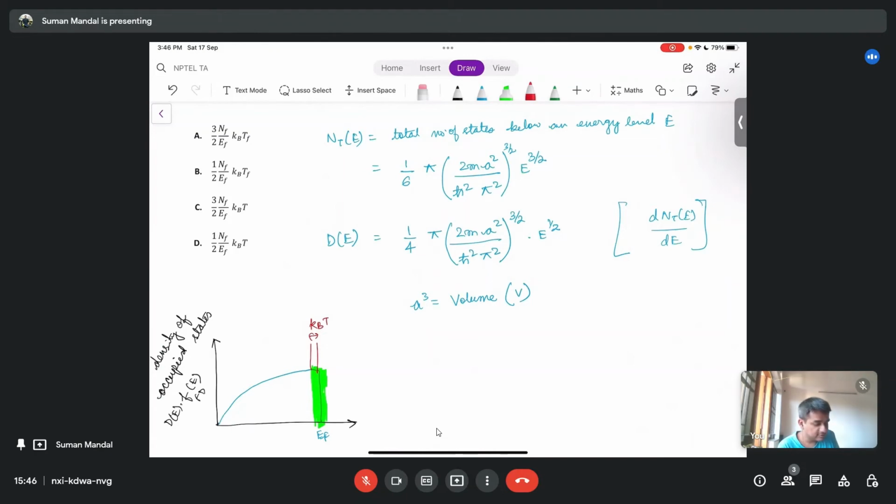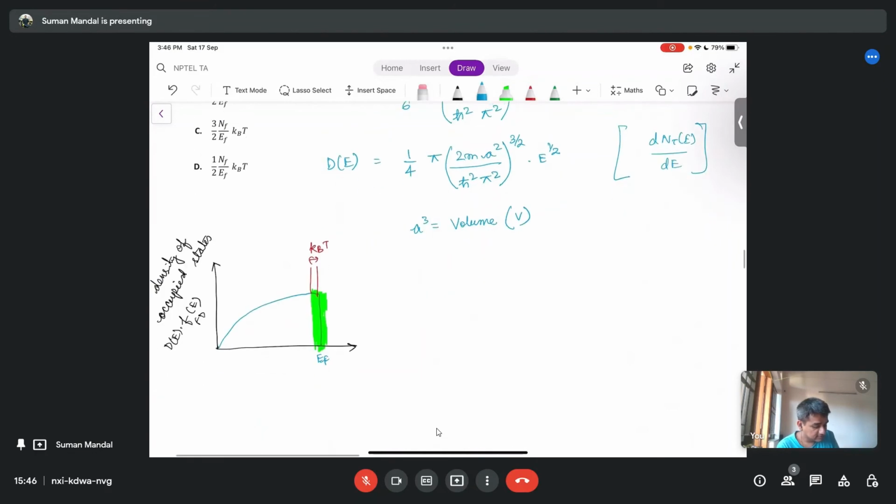And since electrons can participate only near EF, electrons can gain energy as we raise the temperature, and that is in the kBT energy range.